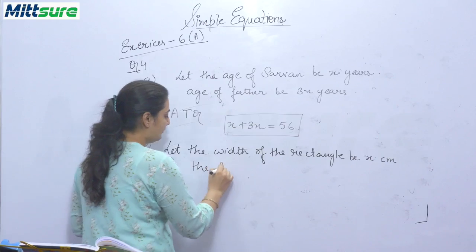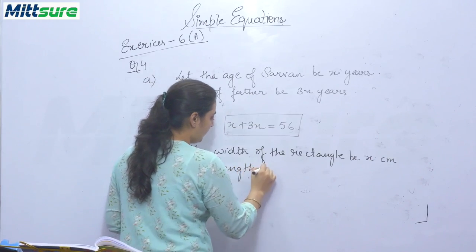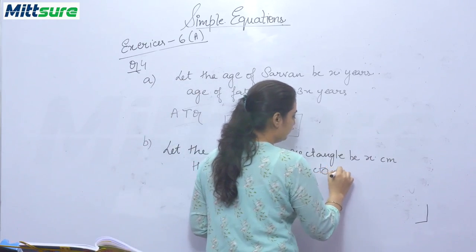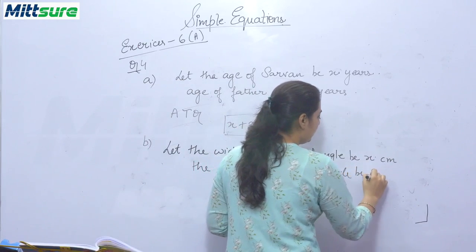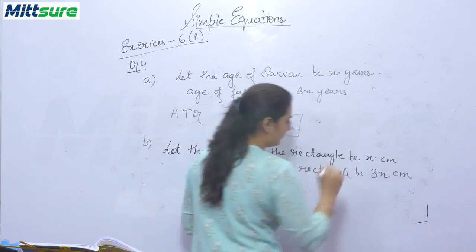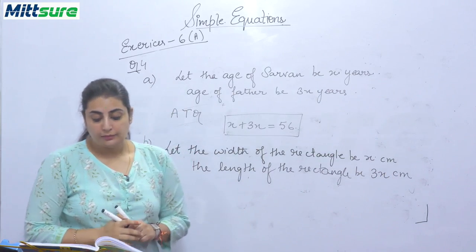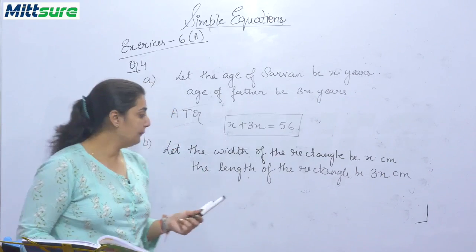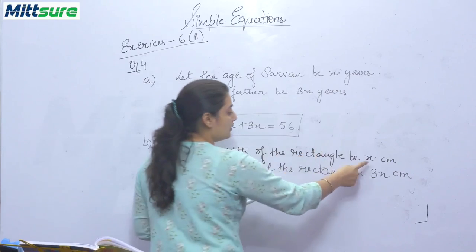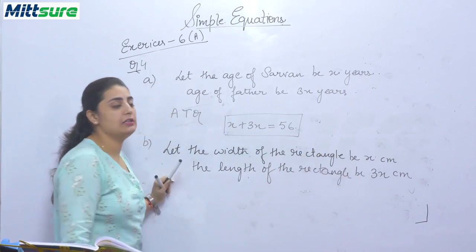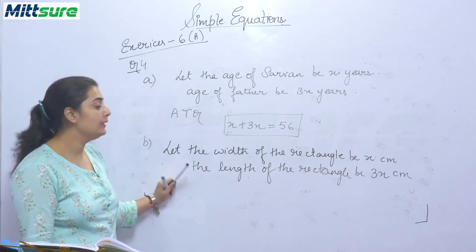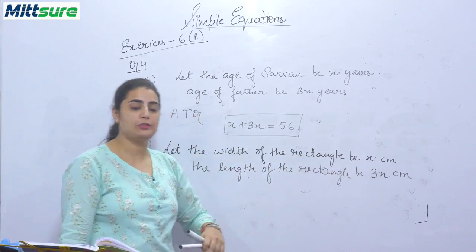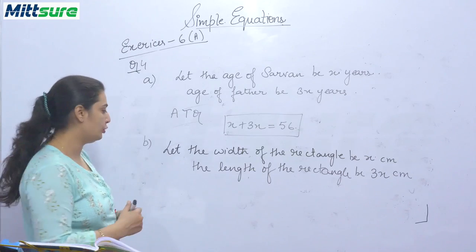So the length of the rectangle will be 3x centimeters. Right? Now the perimeter of the rectangle is 96 meters. Here you can use the actual literals also for breadth and length.